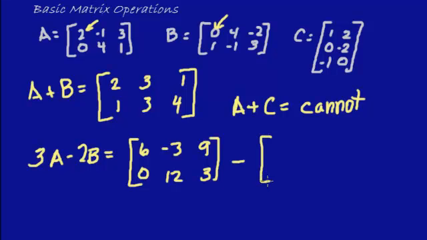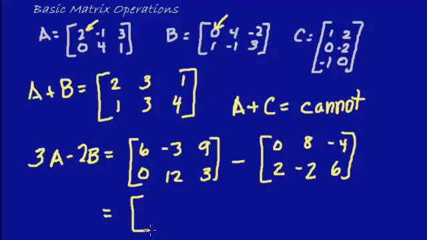Then I'm going to take each of those elements in B and multiply by a 2. So I have 0, 8, and then minus 4. Then 2, minus 2, and 6. And now I'm going to subtract each of those elements. So don't forget about this whenever you're doing them. It's got to be 6 minus 0, 6.